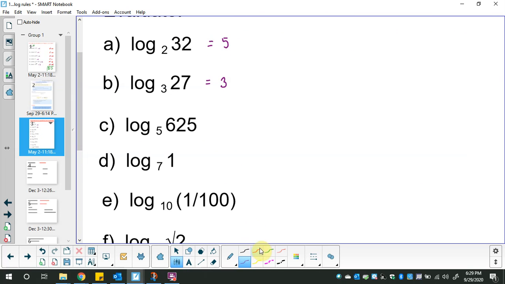What power on 5 is equal to 625? And the answer is still 4. This one, what power on 7 is equal to 1? And our answer is still 0.